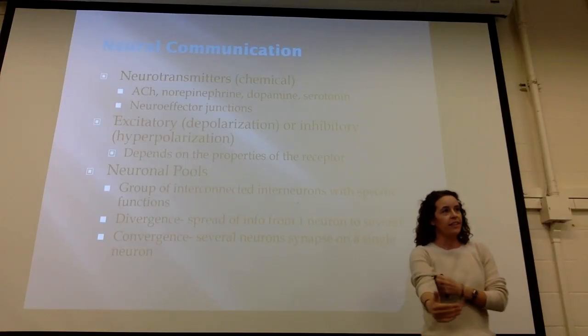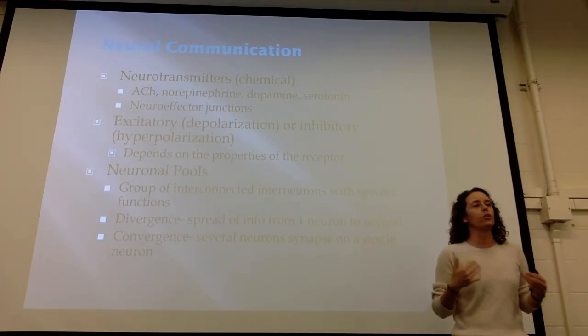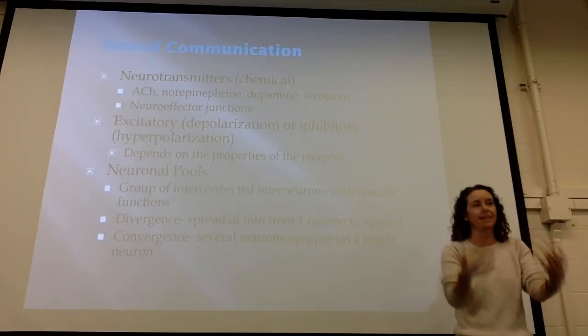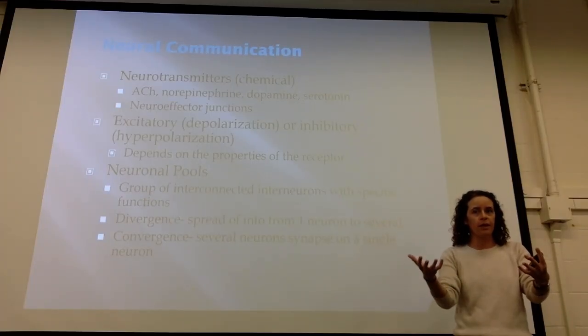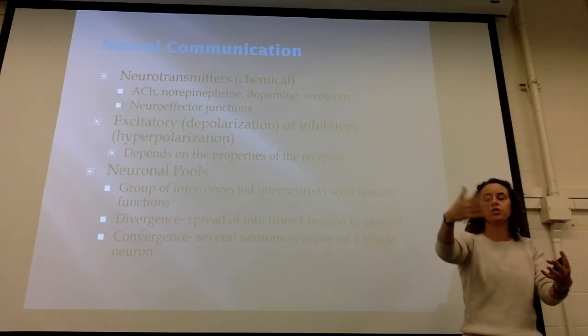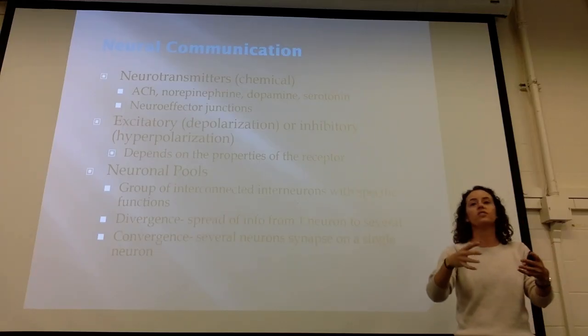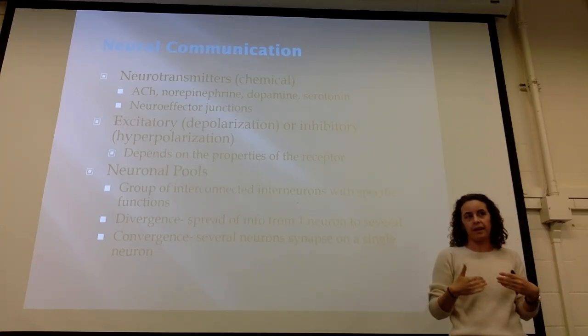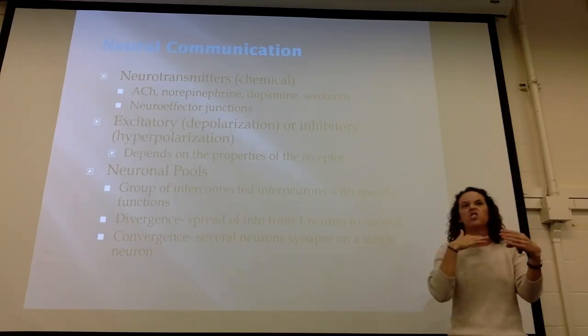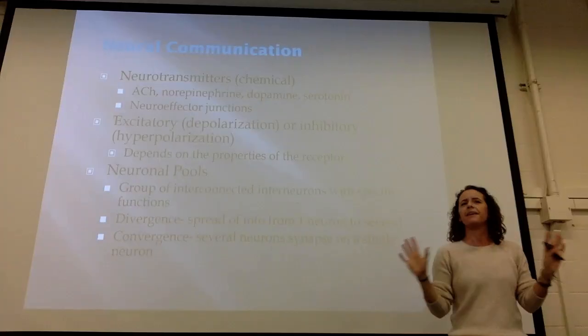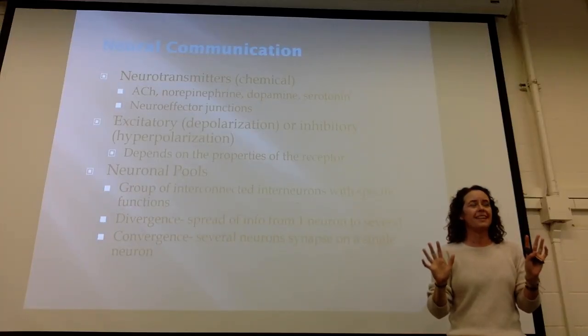That signal that the neuron sends is either going to excite the next cell, meaning pass that message along, or it is going to inhibit the next cell and stop something from happening. That's a very basic general statement.